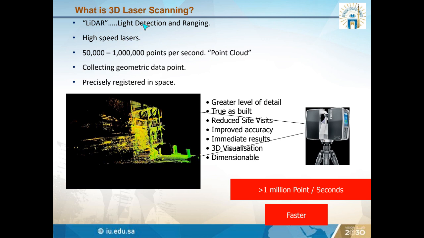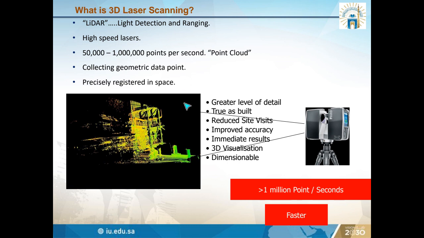So in laser scanning, we have a very high density of points, or clouds. We call them point clouds, which can be captured in a second, and it's a very fast way to capture real-time drawings, real-time structures, or real-time photos.